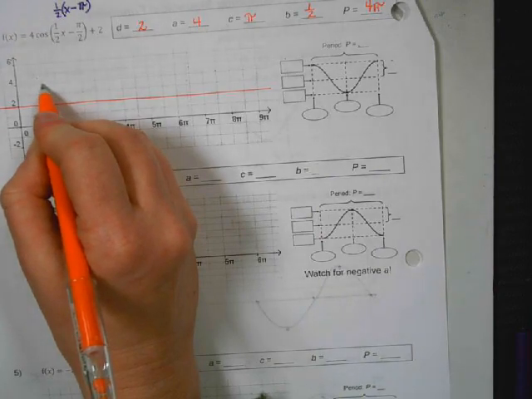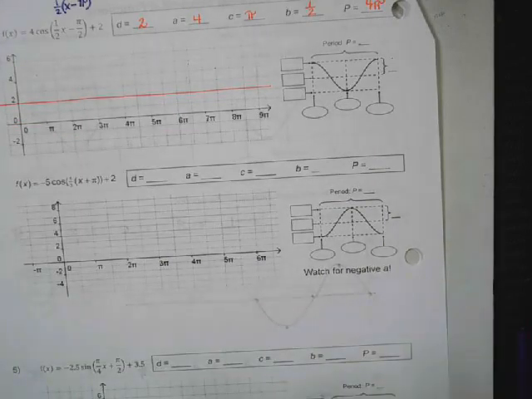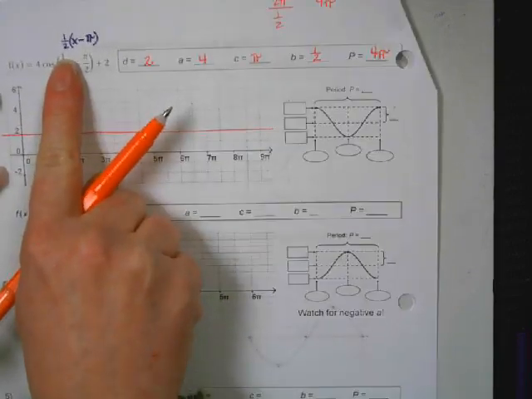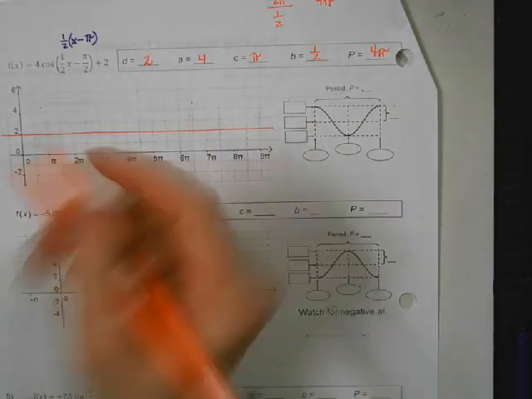Oh no, the amplitude is 4, so it's 6. Why is c pi, not pi over 2? Oh, because you have to factor the 1/2 out. Oh, okay. That can be confusing.